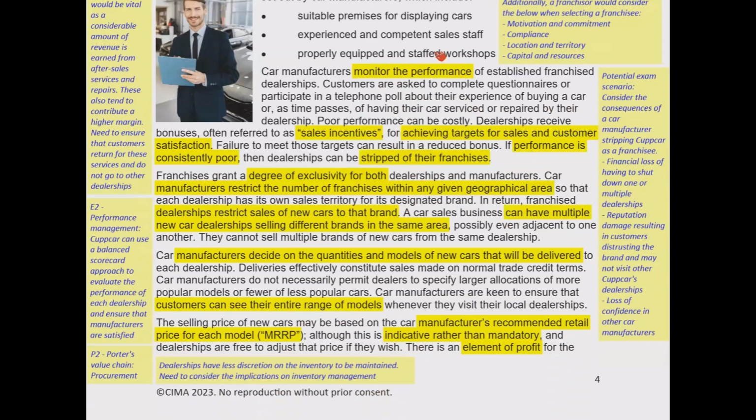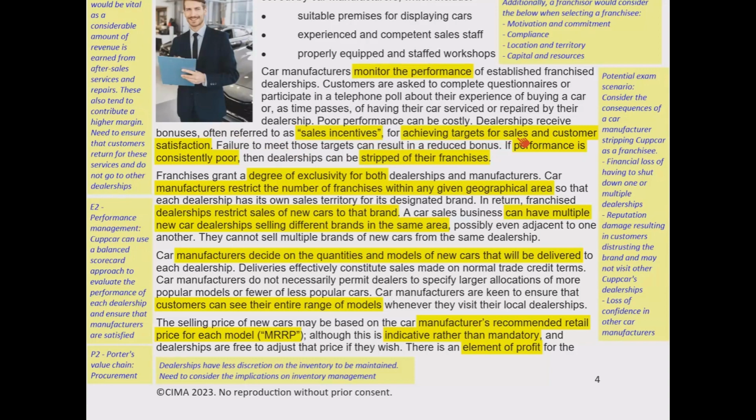Now, what it also mentions here, which is important, is that the dealerships receive bonuses, sales incentives, for achieving sales targets. For selling volumes of new cars, how many are Cuppcar selling?